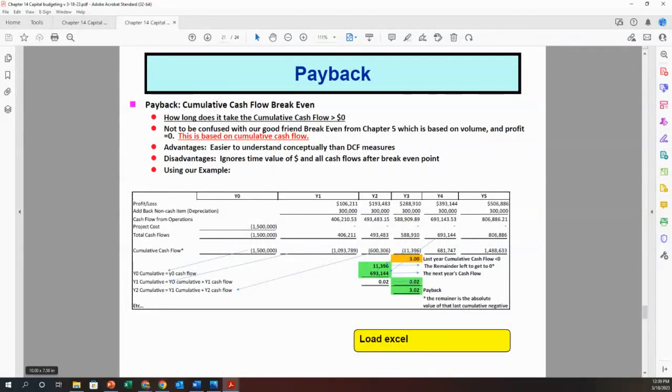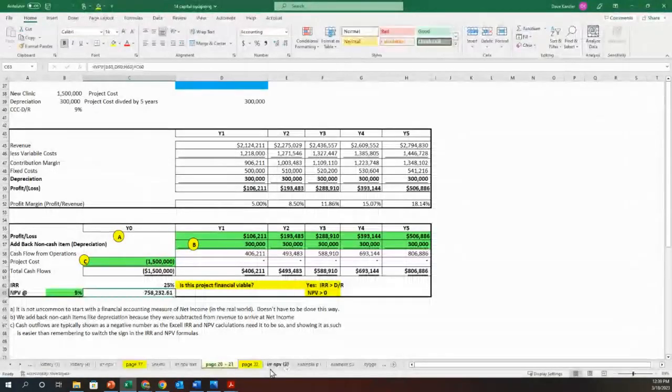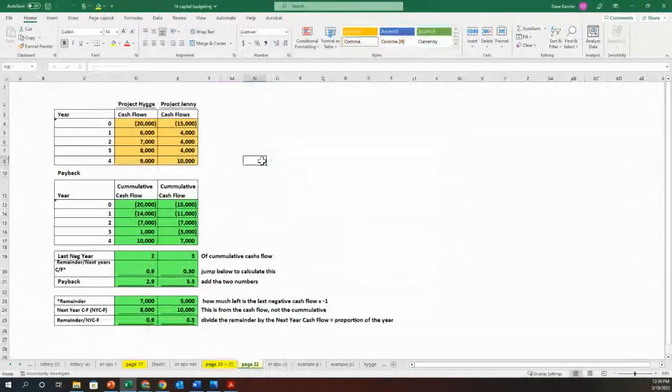So let me load up Excel. It's just a little more awkward. So here's the simplest way to do it. We set up our cash flows just like we would normally.